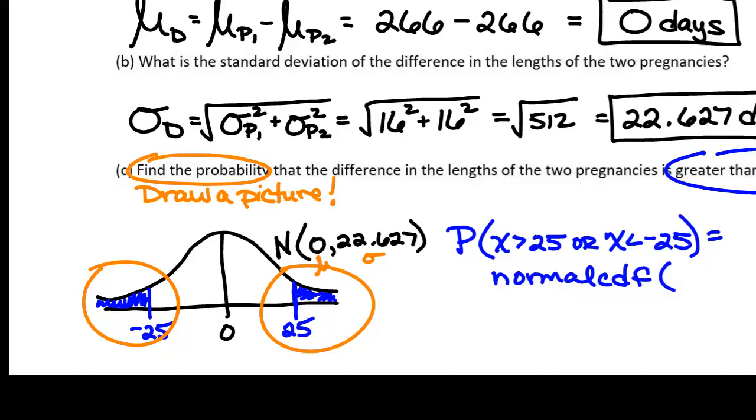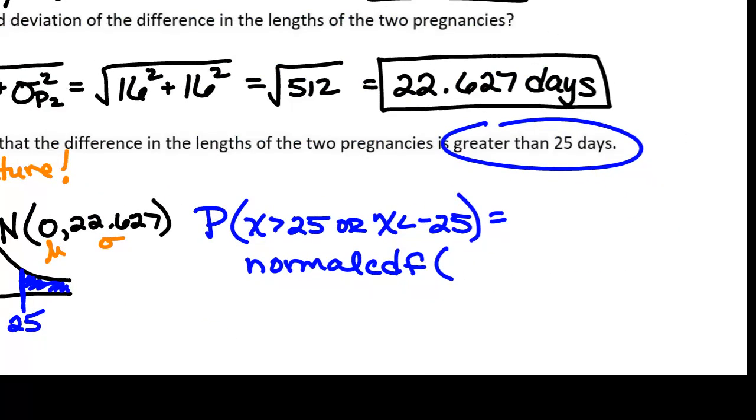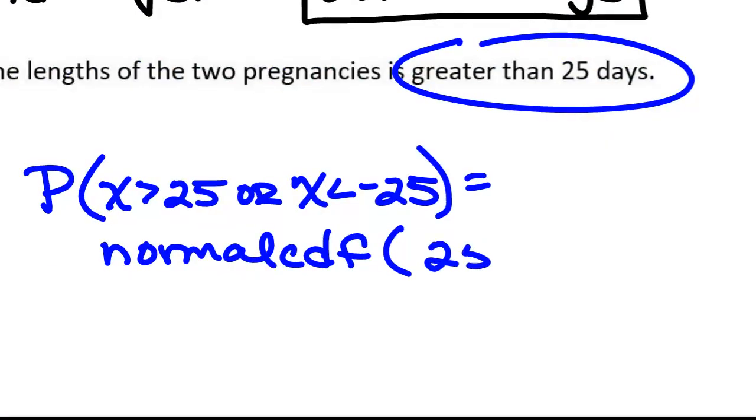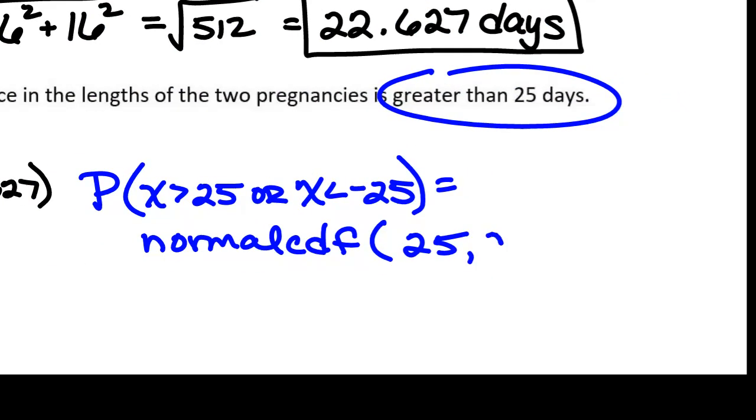So if I find the probability in one tail, I can just double it to find the probability in both tails. So let's do the probability for just one of these. Let's do the upper tail. So 25, 9999, 0, and 22.627.